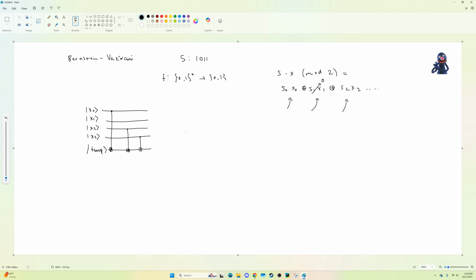And if you queried, let's say 0, 0, 0, 1, then what happens is it checks first for X0. If there's a 0, it does not flip the temp variable. This does not flip the temp variable. This does not flip the temp variable, and this flips the temp variable because of the CNOT right here. So the temp variable would be 1.